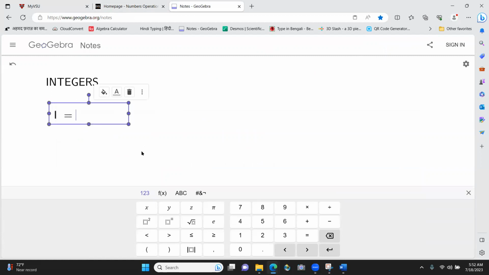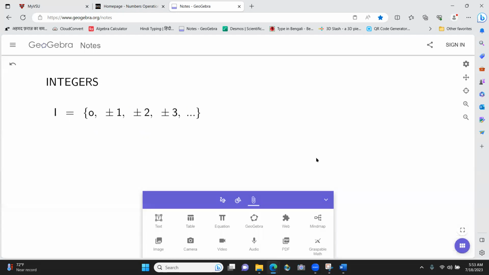Some people write Z. I'm going to go over it in a second. So 0, comma, plus minus 1, comma, plus minus 2, comma, let's do one more, plus minus 3, comma, goes on and on. So this is the set of integers.